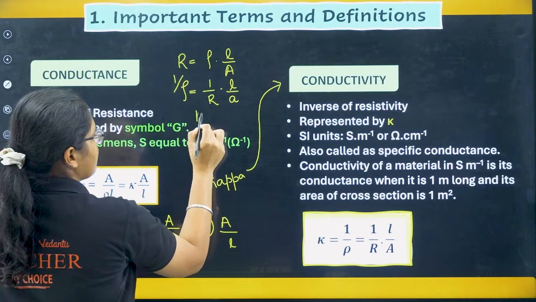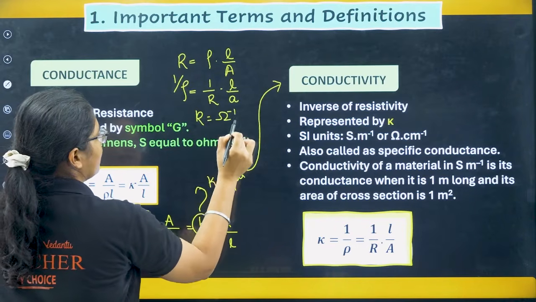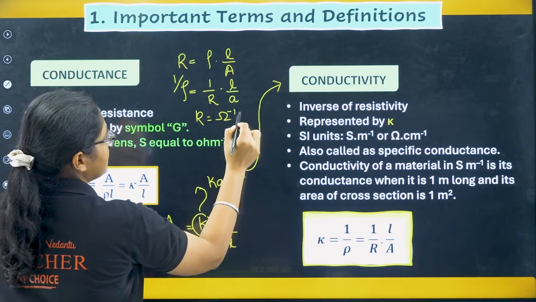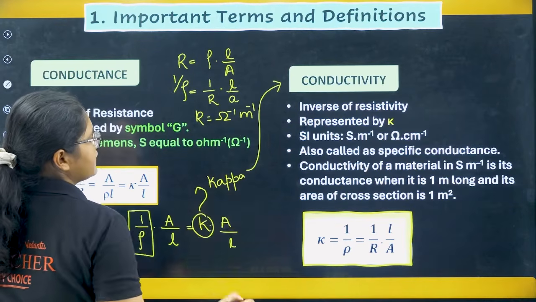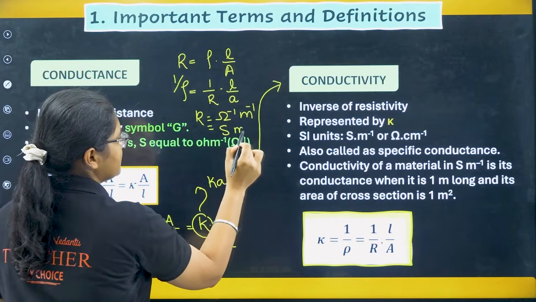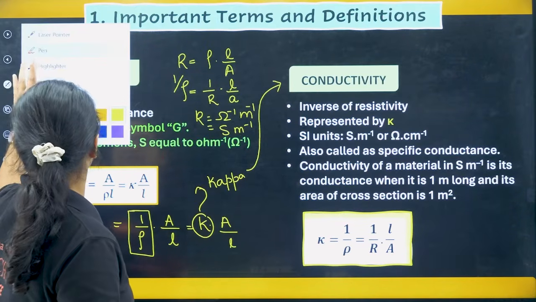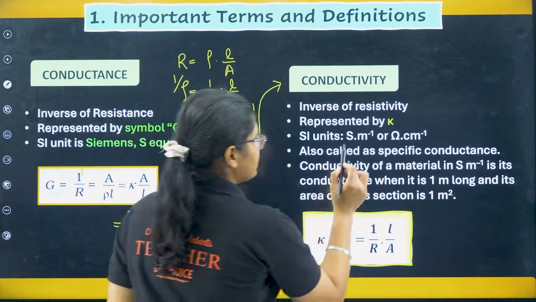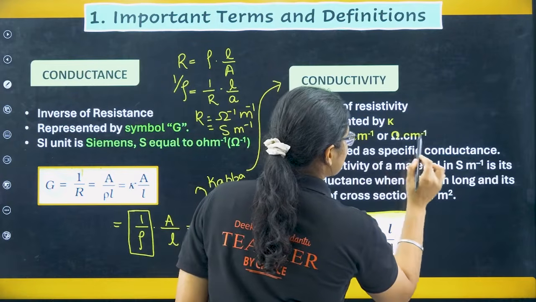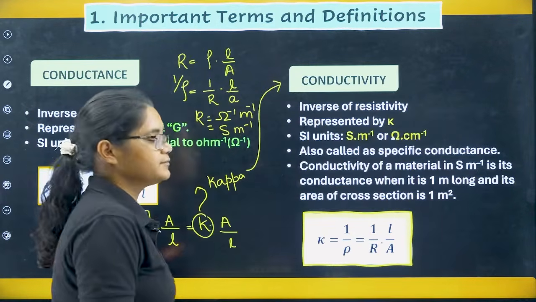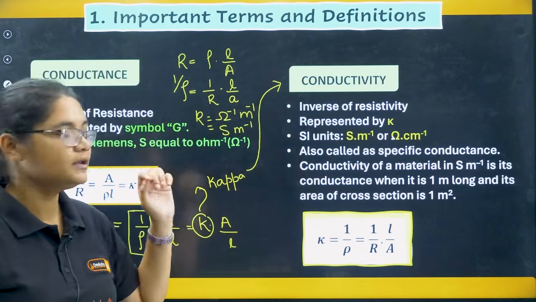Now 1 by rho is kappa, 1 by R is ohm inverse, and this one is meter inverse, or I can write S meter inverse. So that is how the unit has come. In meter or centimeter you can write it down. So the SI unit is either S meter inverse or S centimeter inverse. Please remember this one.